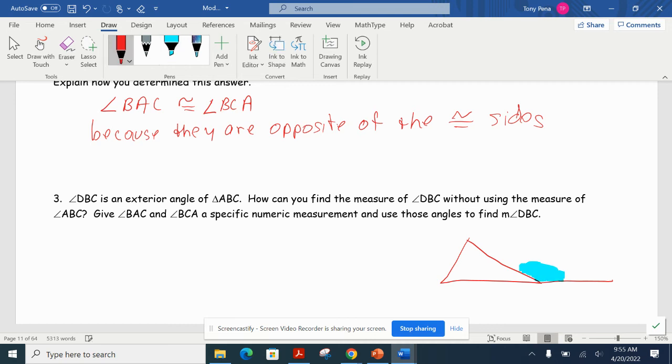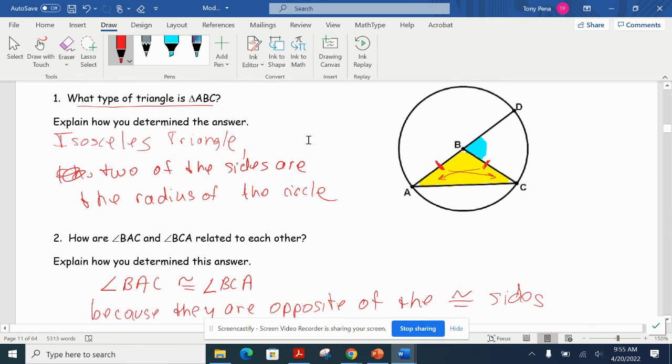Remember how we would get this angle if this angle was 70 and this angle was 60? Remember how this exterior angle is the sum of the two angles that are opposite of it? So we would then know that this angle is 130 degrees. That's what we're looking at here. That this blue angle would have to be the sum of this angle here and this angle here.